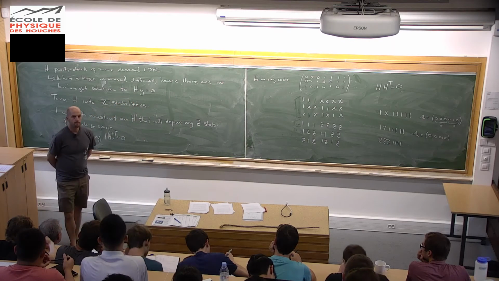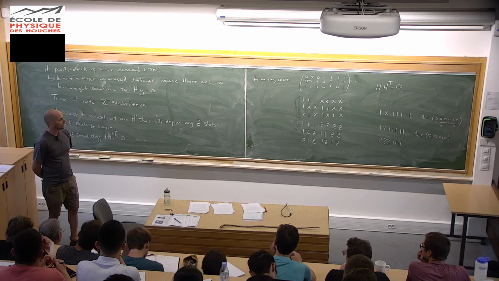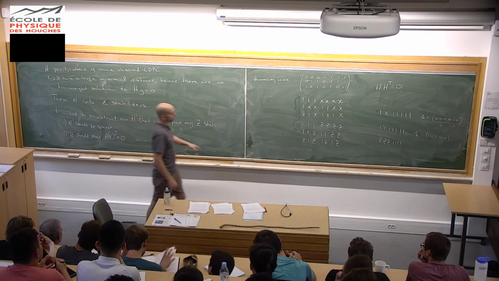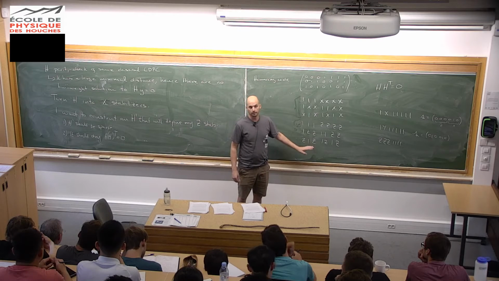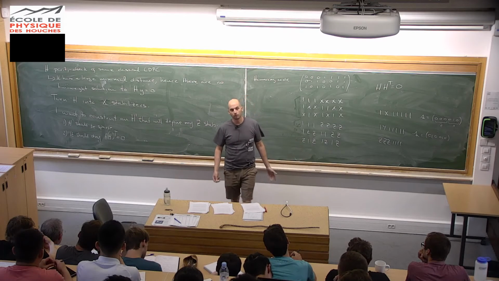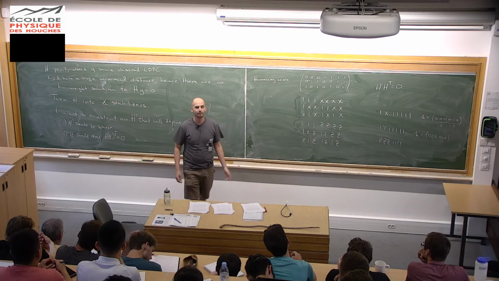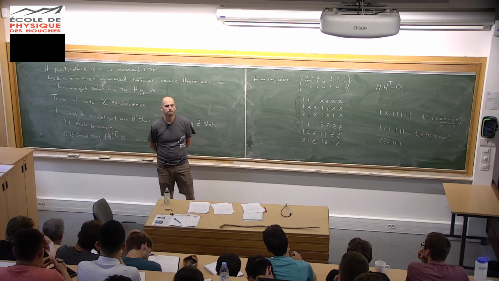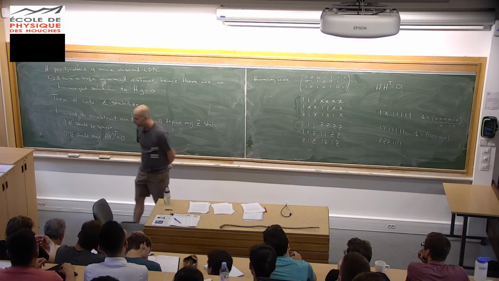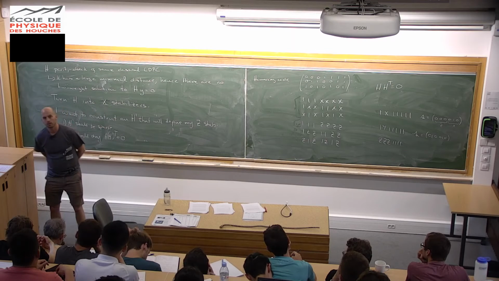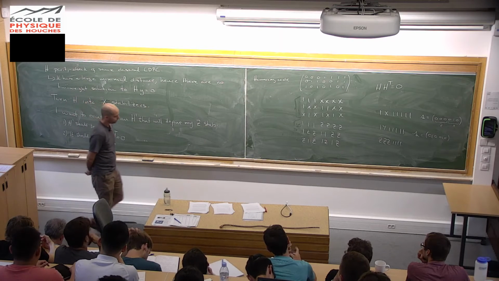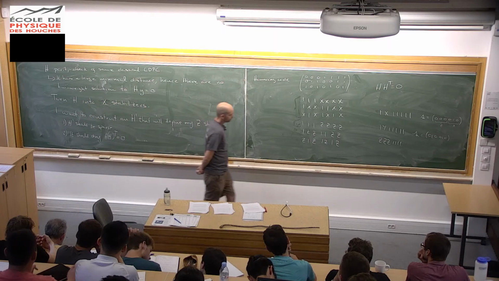Well, you could say I'm just going to have a code with only X, but then you won't detect X errors. In CSS you force the code words to only have identities and X's or identities and Z's. If I allow you to have X's and Z's in the same words, is that better?